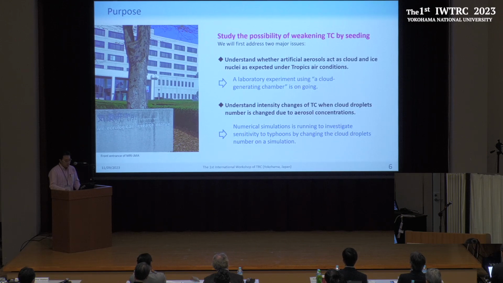So we are now trying to do the laboratory experiment for this point. And the second is understanding the intensity change of the tropical cyclone when the cloud droplet number is changed. For this, we are now running numerical simulations to investigate the sensitivity of the tropical cyclones to changing the cloud droplets in a model.